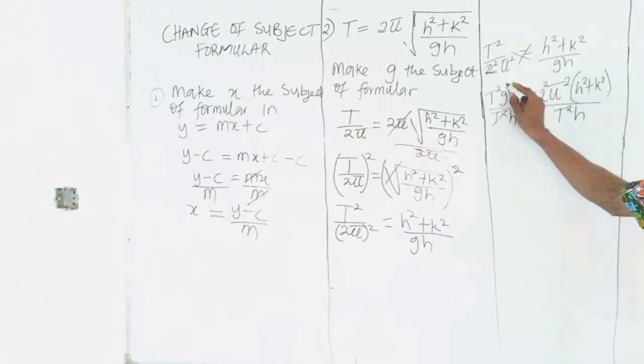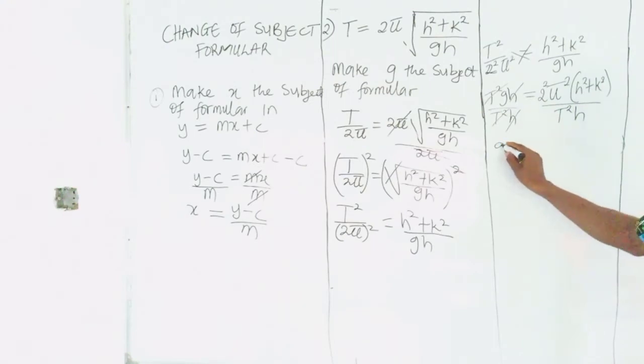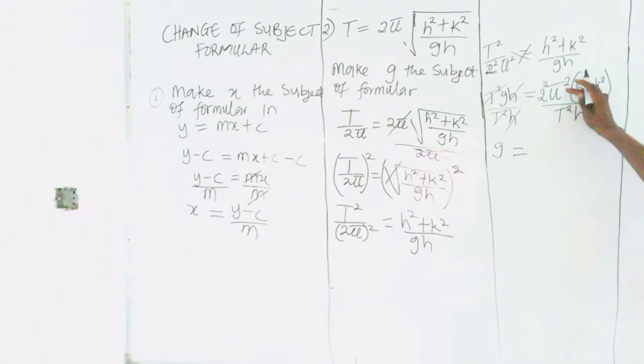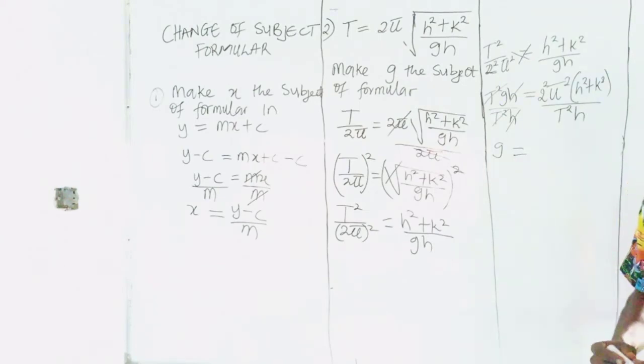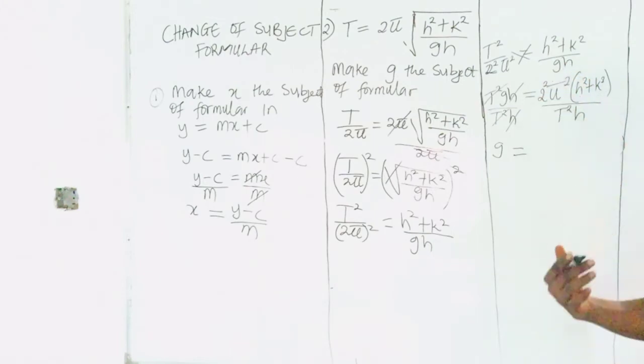So the t squared will cancel out t squared, h will cancel out h. I'm left with g equal to, you know that 2 raised to power 2, based on the knowledge I've taught you in my indices, is 2 times 2, and 2 times 2 is 4.